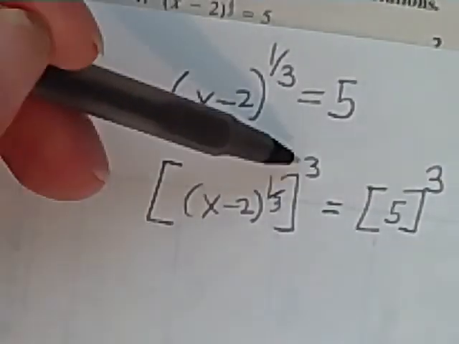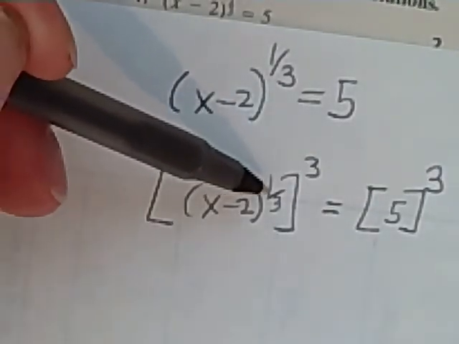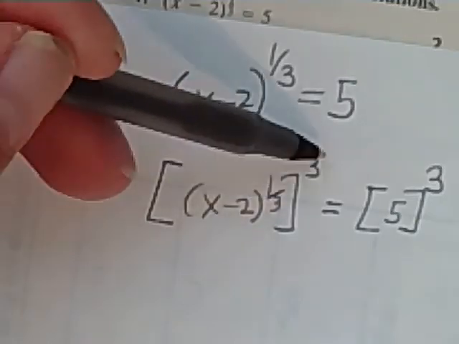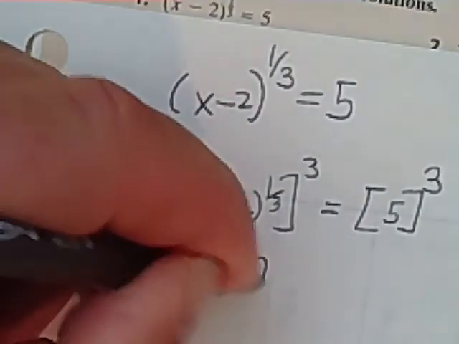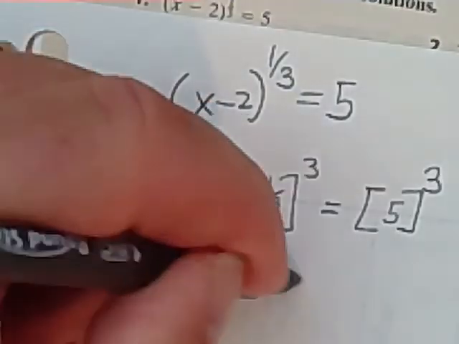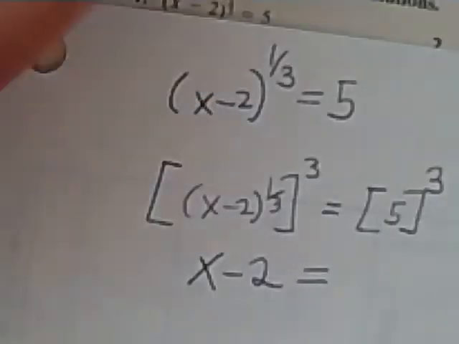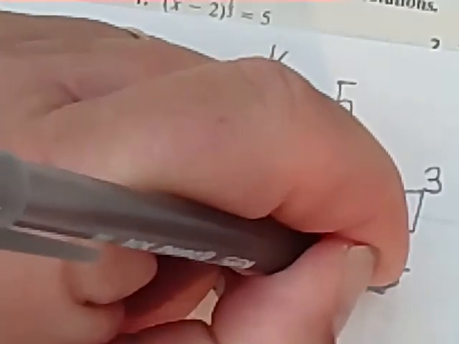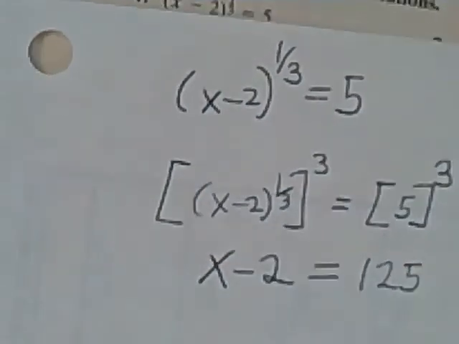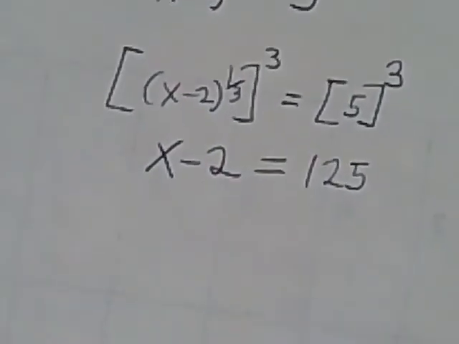Great. So on the left, 1/3 raised to the 3rd power makes this thing look like x minus 2. And on the right, this is 5 cubed, which I think is 125. And you say, oh, look, this is now super easy.